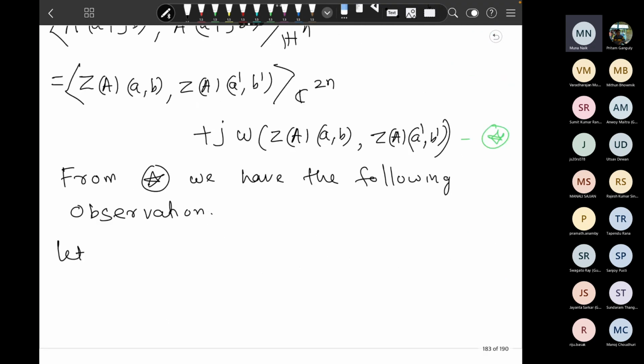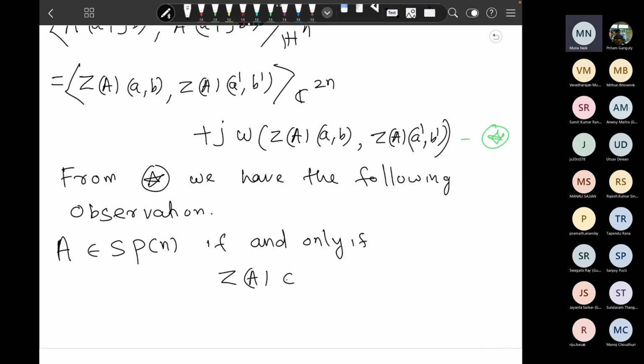So the observation: A belongs to Spn if and only if ZA belongs to U2n intersection Sp2nC. I call this 1.